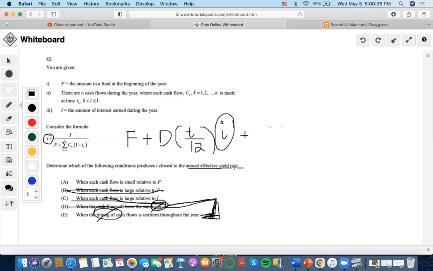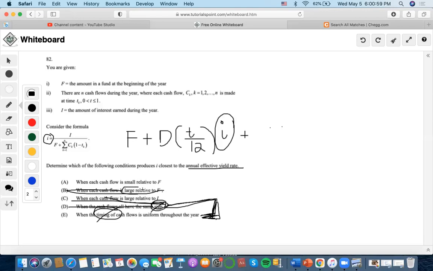So if we were to multiply I by large cash flows relative to F or I, we're not even so sure if F or I are big, small, whatever.